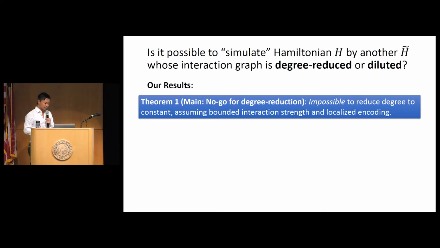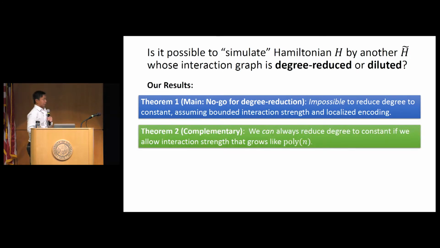It turns out that it's impossible to reduce the degree of some Hamiltonians to a constant if you assume that the interaction strength is bounded and the encoding behaves in a natural, localized way. And this is in stark contrast to the classical case, because degree reduction is used pretty often in complexity theory problems.